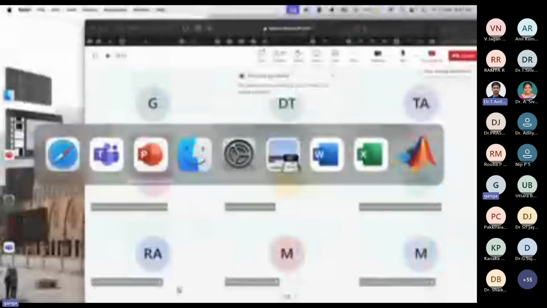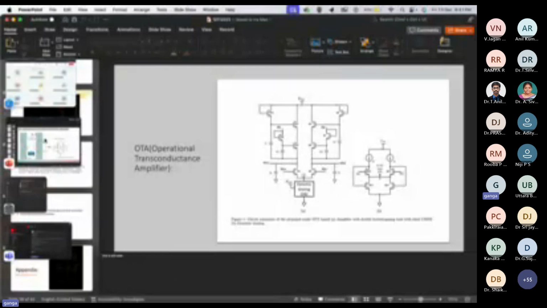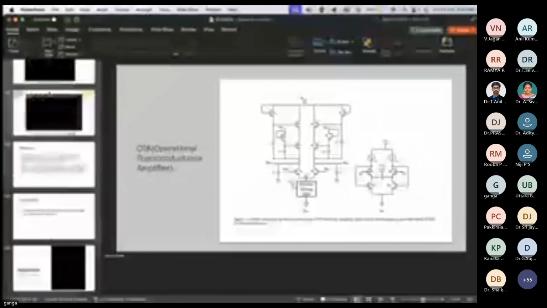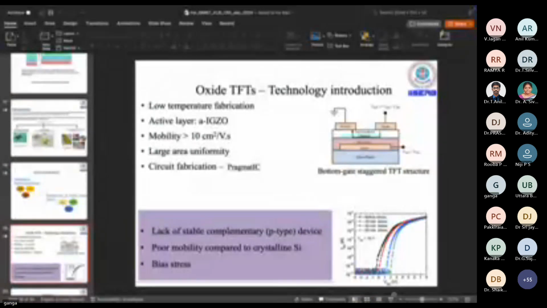Could you see the screen? Yes, we are able to see the screen, ma'am. Could you see the screen better now?